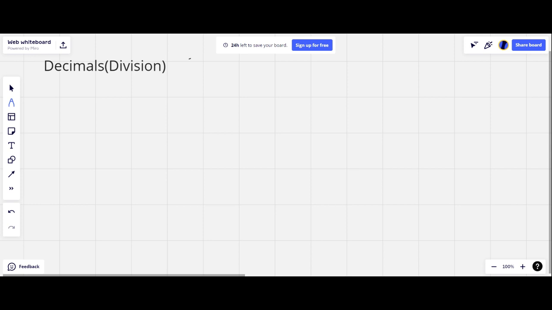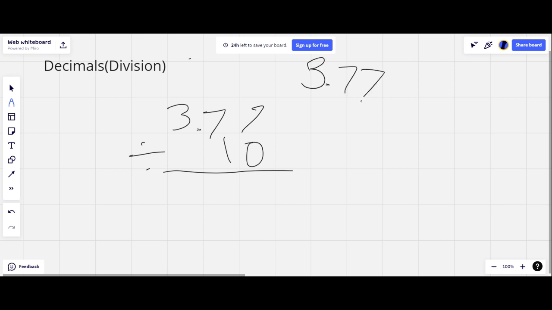10, 100, and 1,000, like we did in multiplication. So let's do 3.77 divided by 10. It's going to be the same as multiplication, except instead of going to the left, we're going to go to the right.